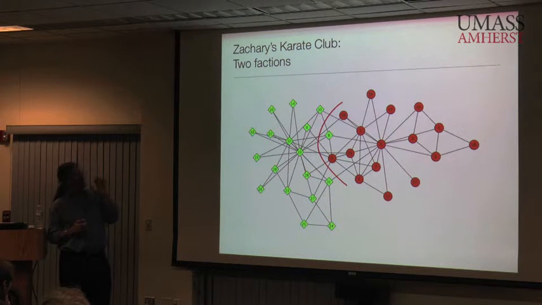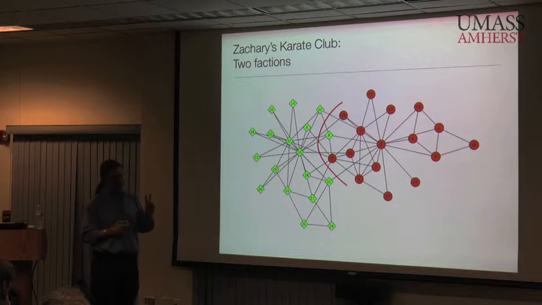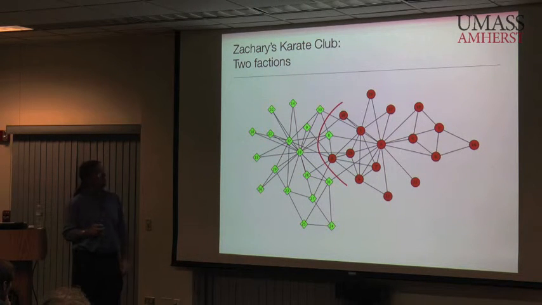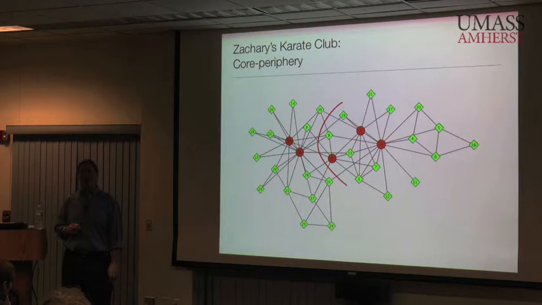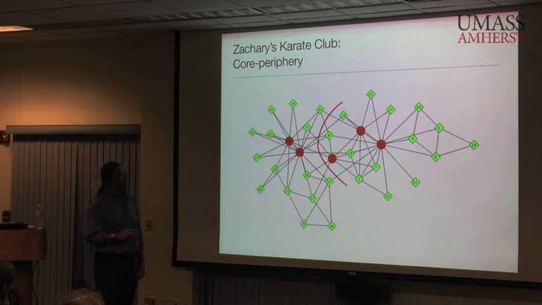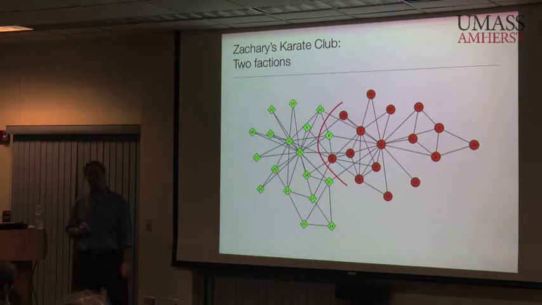Anyway, if you ask the block model what it thinks about this, you say there are two types of nodes, find them. It often says, I found the two kinds of nodes. There are these high-degree central nodes that are connected to a lot of people, and then there are these low-degree peripheral nodes. Did I get it right? Well, what we wanted was these two factions, but it's not wrong.